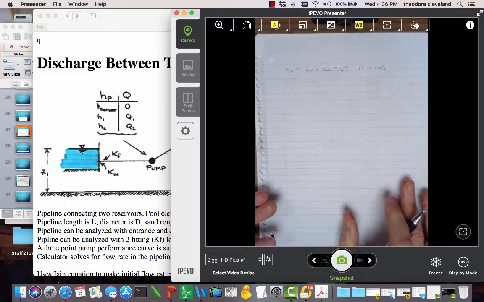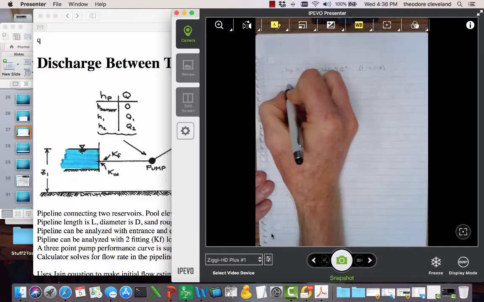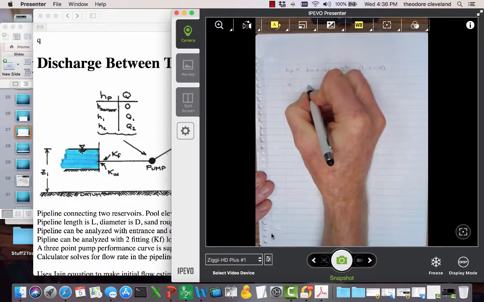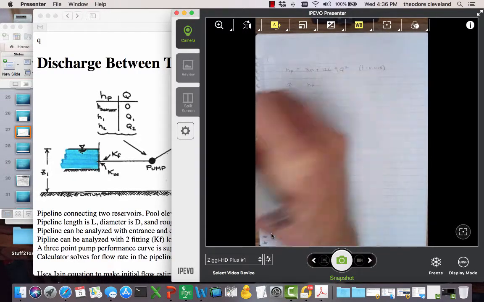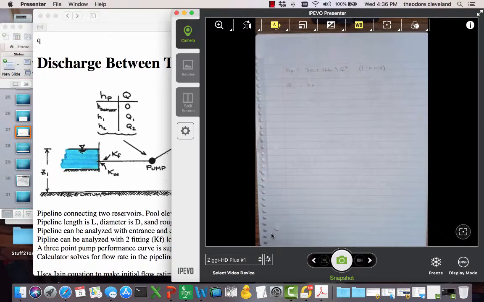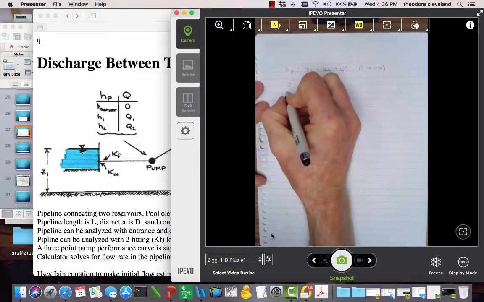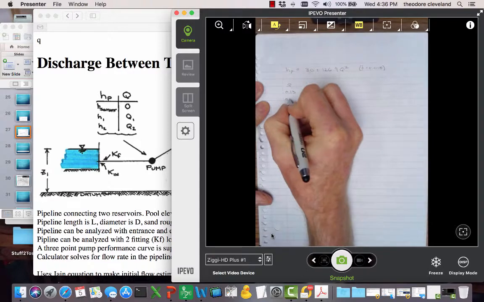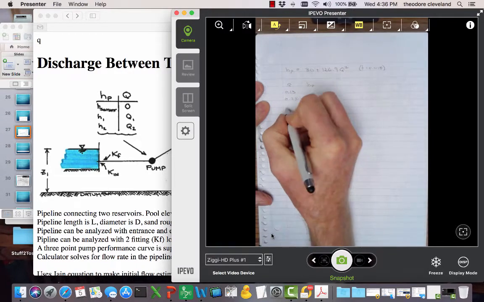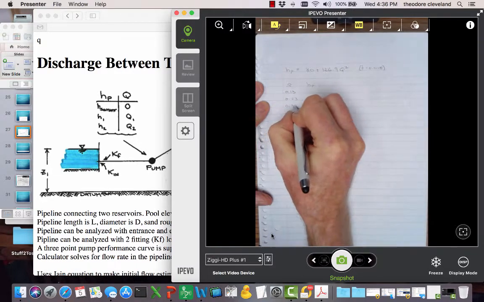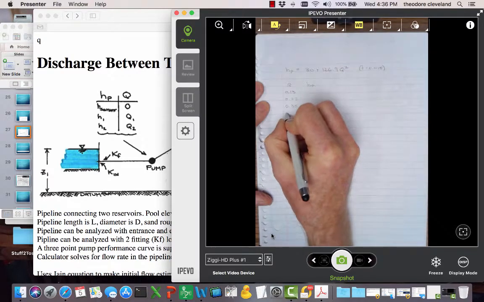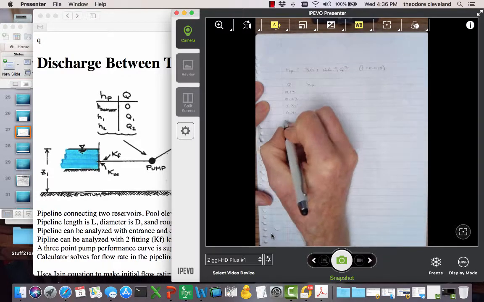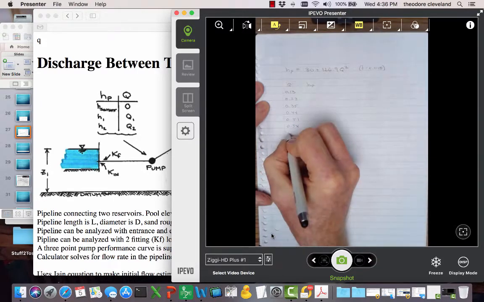Okay, let's go ahead and pick a few values of Q and compute H sub P. Q is 0, and I'm making these up: 0.13, 0.23, 0.35, 0.44, 0.51, 0.58, and 0.64.